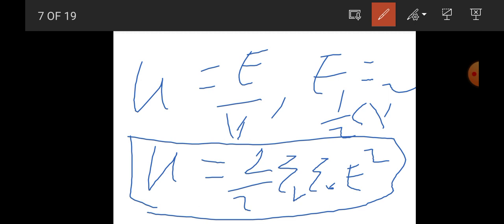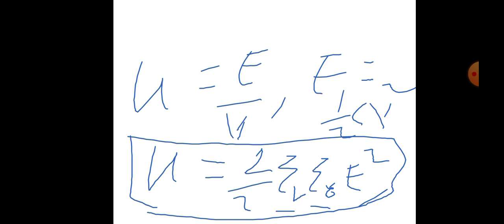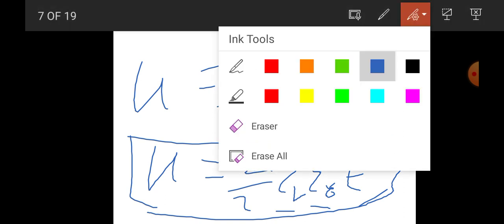Therefore, energy density is directly proportional to the square of the electric field strength.